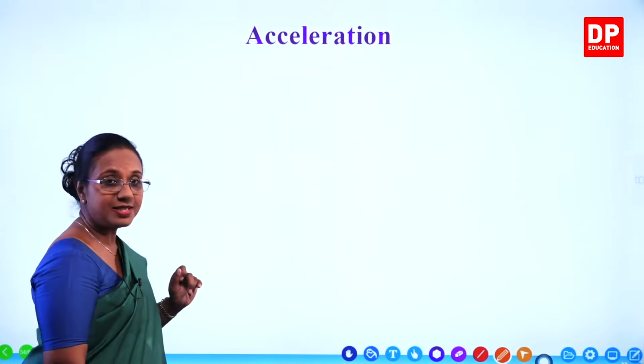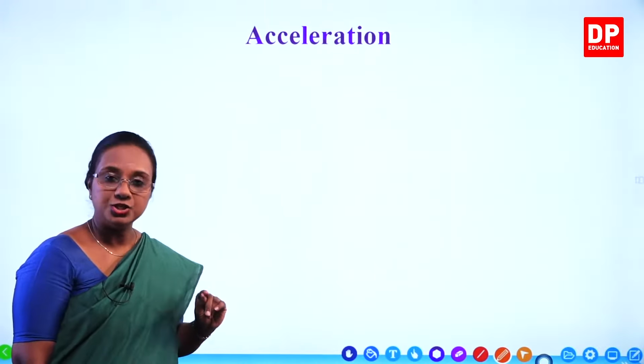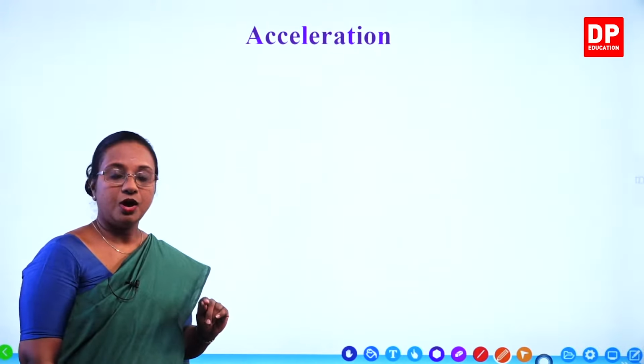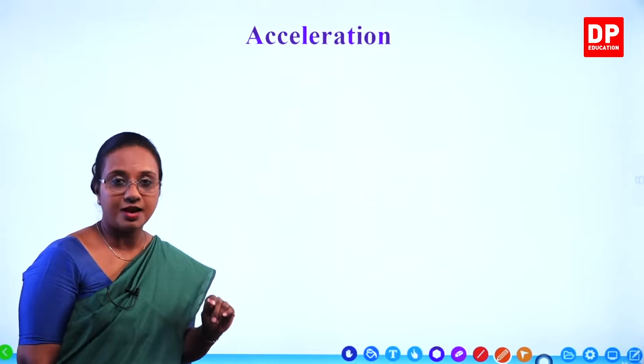When we say acceleration, it is the rate of change of velocity or the change of velocity in a unit time.